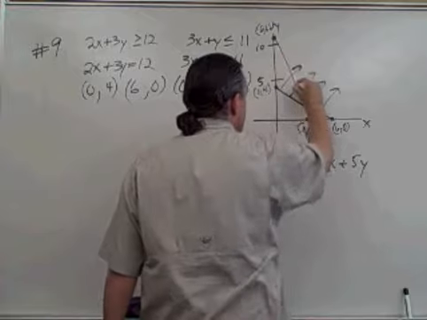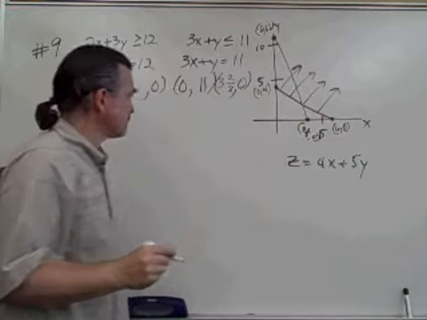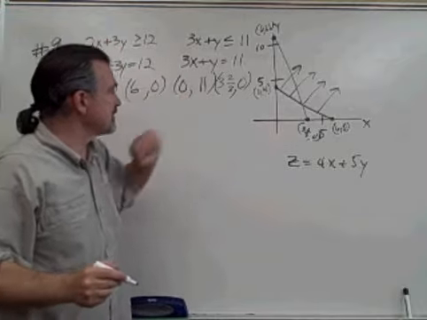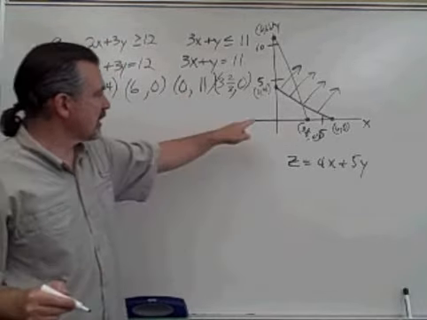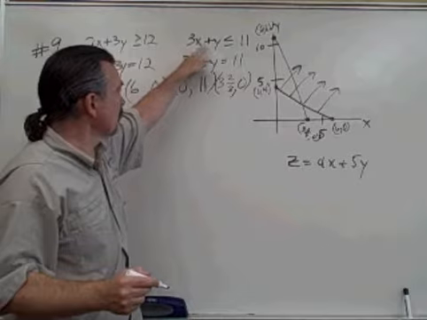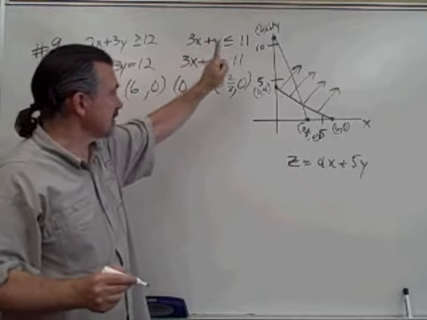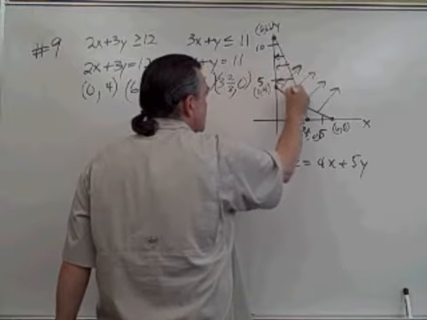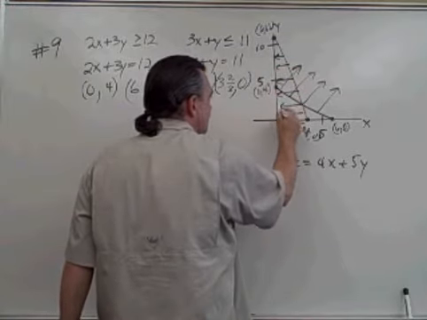So we've got this line. Now we want the points that make it less than or equal to 11. So let's try the origin again. 0 plus 0 is 0. 0 is less than 11 is true. So that would be the points on this side.